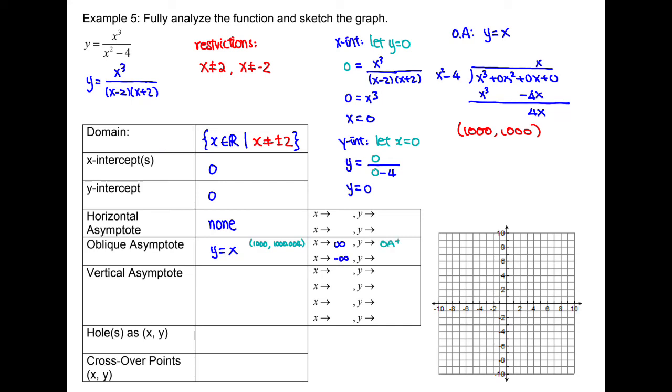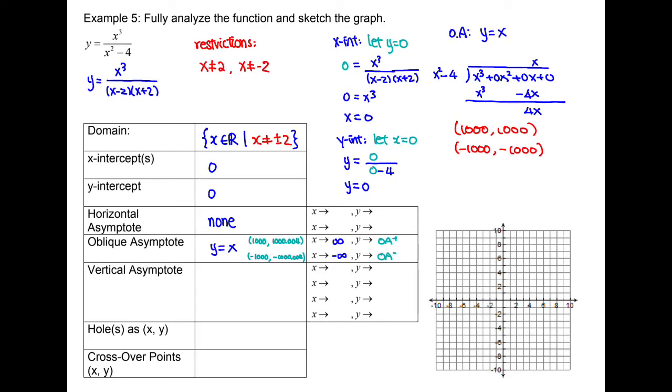When x is approaching -infinity, we let x be -1,000. Substituting into the oblique asymptote, we get the y value will be -1,000. However, when we put it into the function, the y value is -1,000.004, which is lower than the oblique asymptote. Therefore, we say y is approaching the oblique asymptote from below.